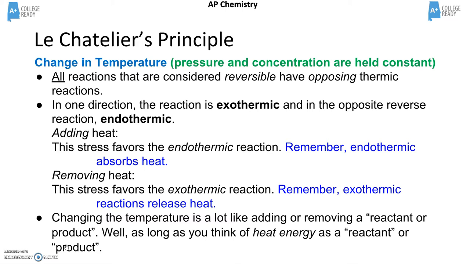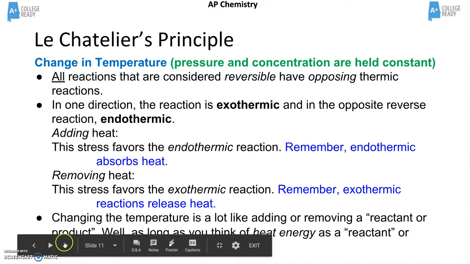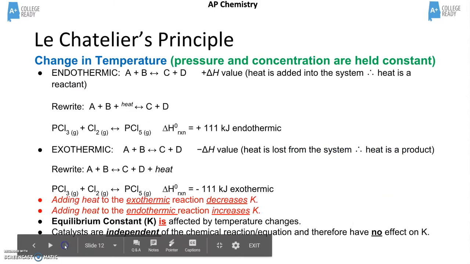If you remove heat, the stress favors an exothermic reaction. Remember, heat would be, quote, written as a product. So watch the changing of heat, like adding or removing. Think of heat in terms of a reactant or a product. Which way is it going to shift away from?